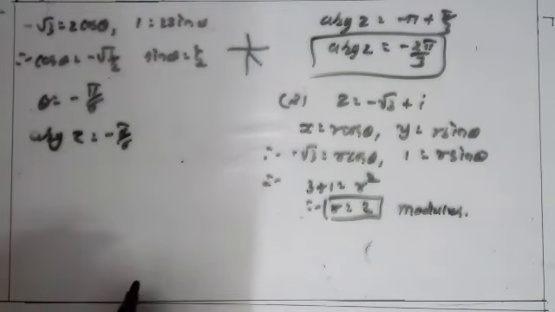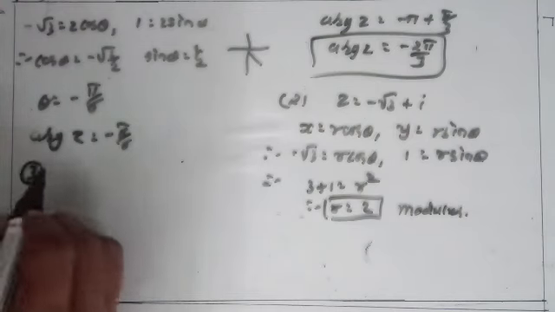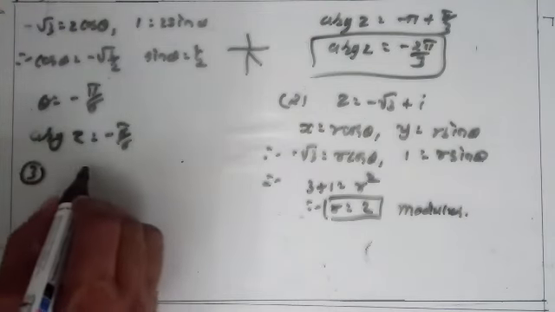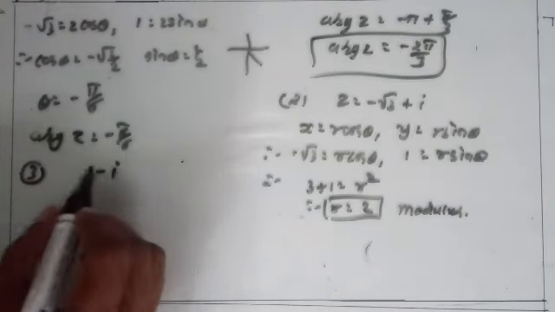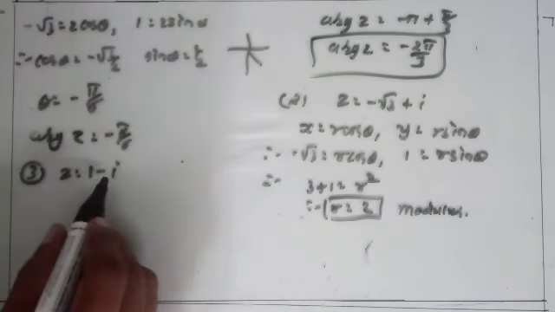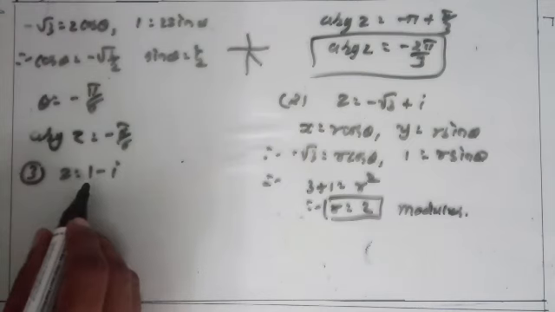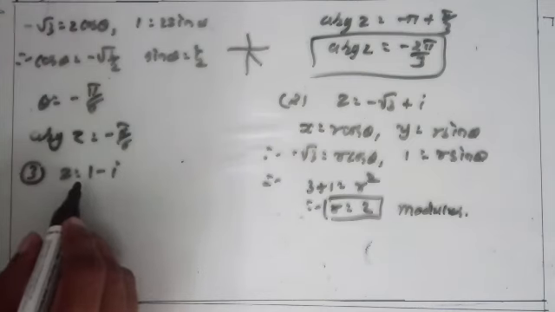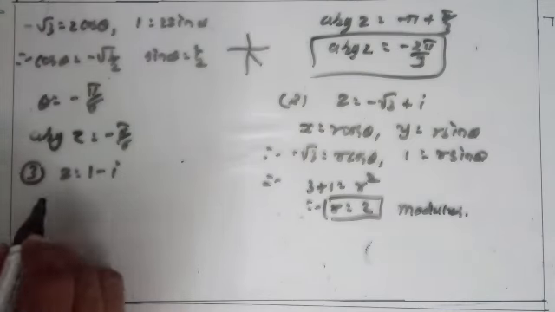Okay. Now next question, convert each of the complex numbers into polar form. Question number 3: 1 minus i. Say this is z. So z is equal to 1 minus i. First compare the given complex number with z is equal to x plus iy.